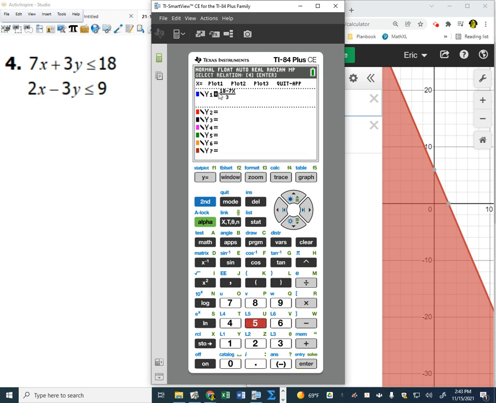Okay, now in Inequality, I can choose to change that. Boy, how did I do that before? It's been so long since I've done this. I think I go alpha.